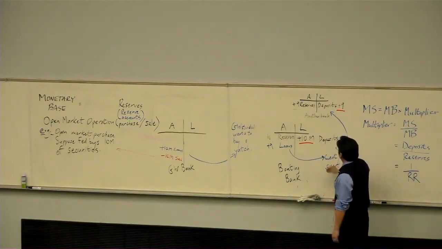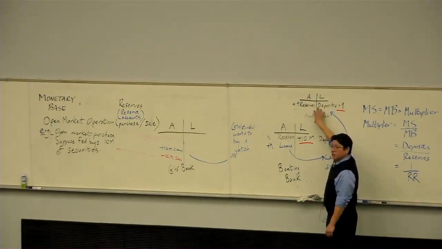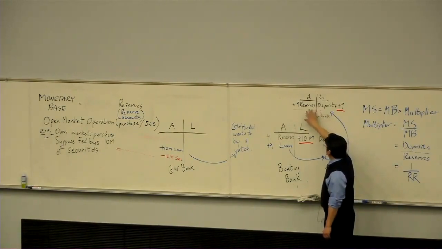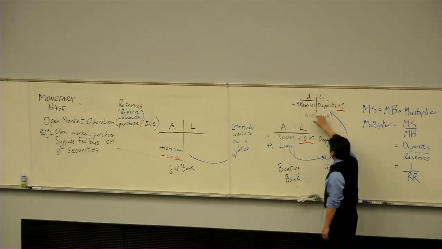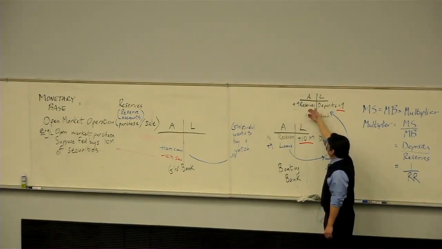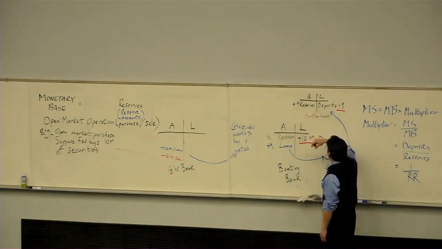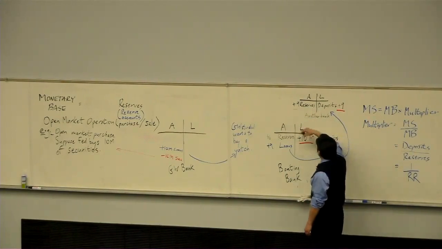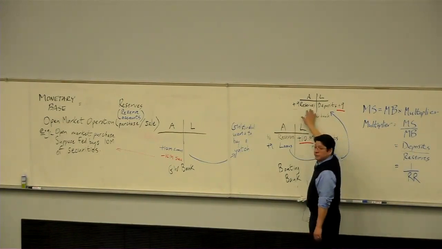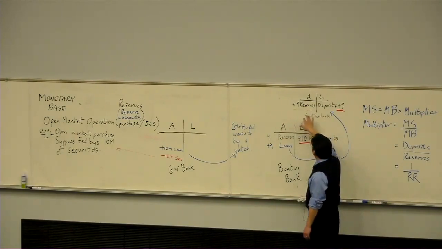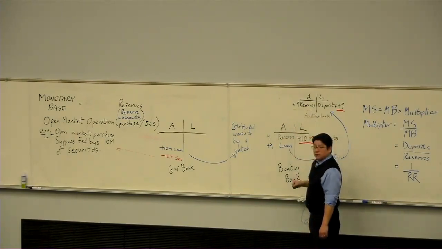And of course, we're not done yet, because this bank has 9 million in reserves and 9 million in new deposits. It would also like to lend out 90% of this. It only wants to keep 10% of it on its balance sheet. So again, it will take time, but it would like to be in a situation where it has 0.9 in reserves and 8.1 in loans.